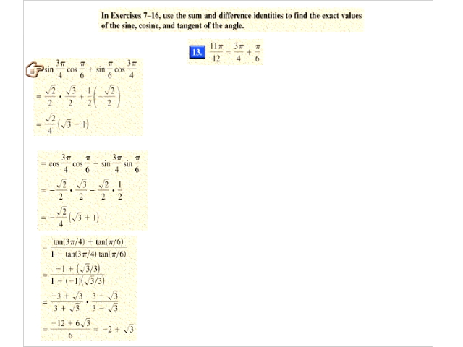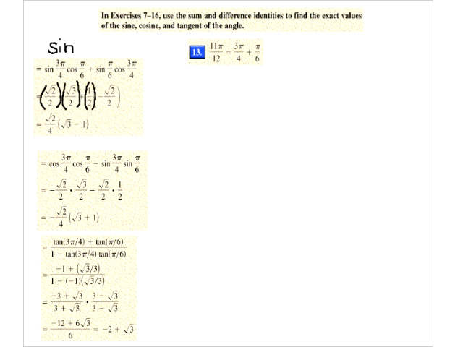I can do sine of 3 pi over 4 cosine pi over 6 plus sine pi over 6 cosine 3 pi over 4. All of these formulas are given to you in the online lesson. And then using my unit circle, I can substitute these values in.